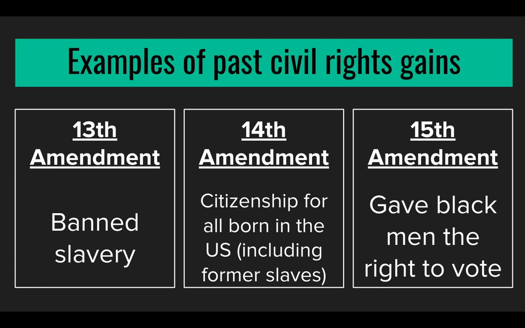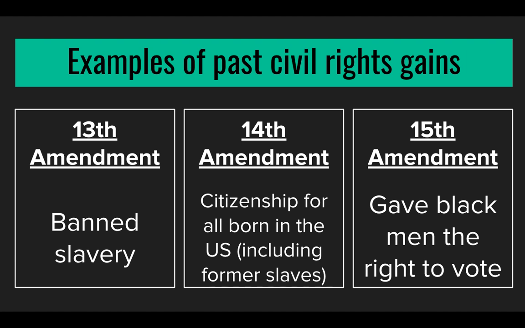Which also expanded civil rights. It gave everybody citizenship if you were born in the country. And that would include the people who were formerly enslaved. Those people gained citizenship at this time. And finally, Amendment number 15 gave Black men the right to vote. At the time of the 15th Amendment, no women had the right to vote. That's going to come later, and we'll cover it when we get there in the 20s.